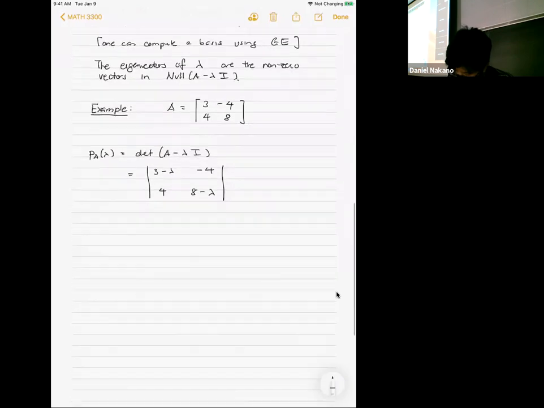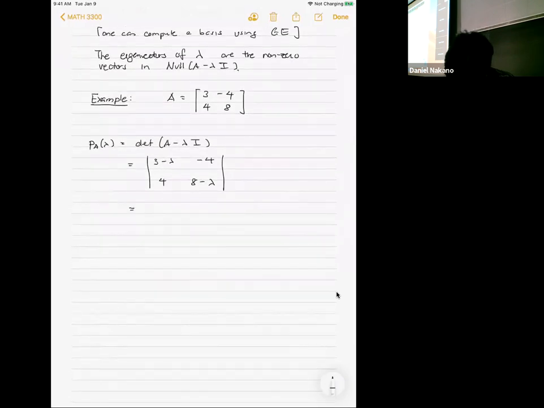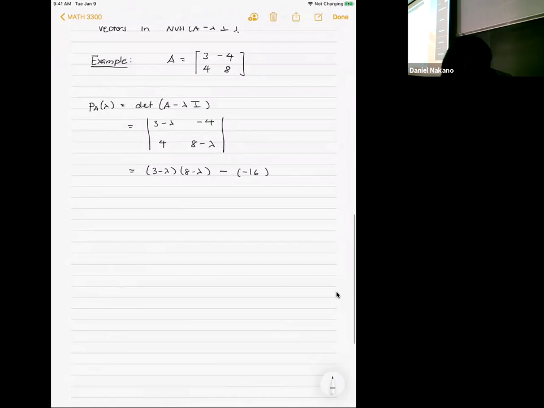Okay, and we just continue on. So I just take the determinant of the 2x2 matrix, AD minus BC. So (3 minus lambda)(8 minus lambda), minus negative 16. Okay?